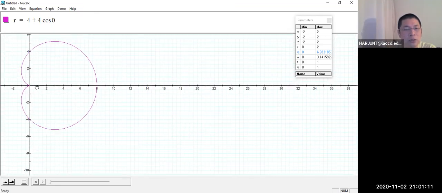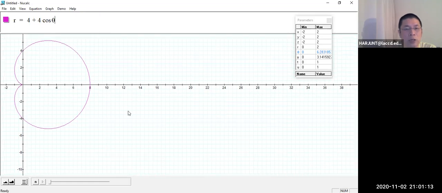Okay, let me screenshot this and put it in our notes, so later on when you look at your notes, we have some graph we look into. How about double angle?